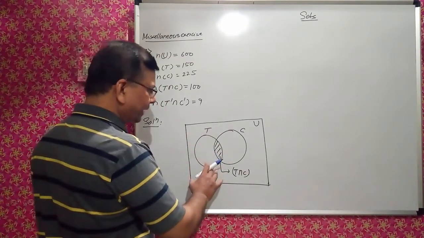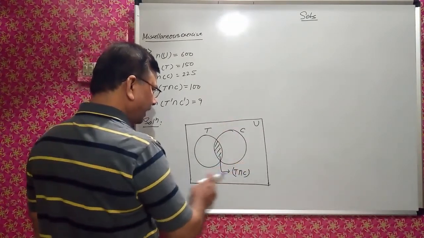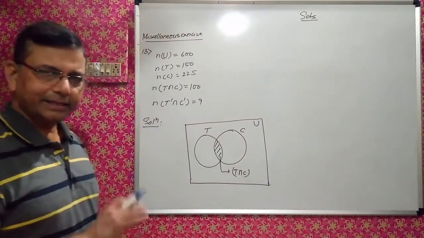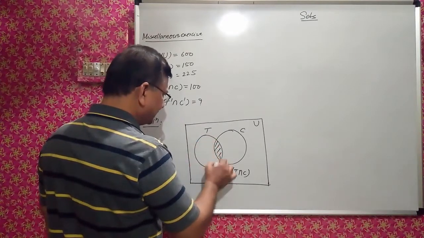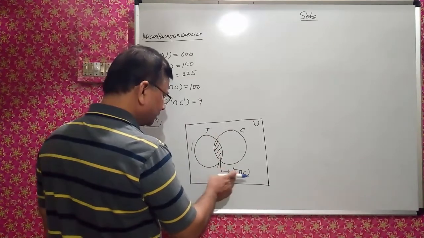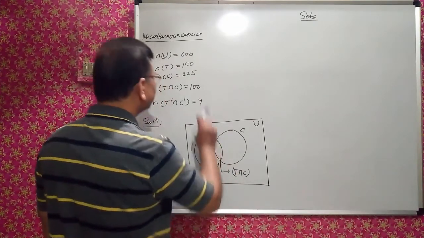Various areas we will look at, and here those students who are outside this are taking neither tea nor coffee. So first we will find the total, the union of this. So how many are there in this area? That is 100.